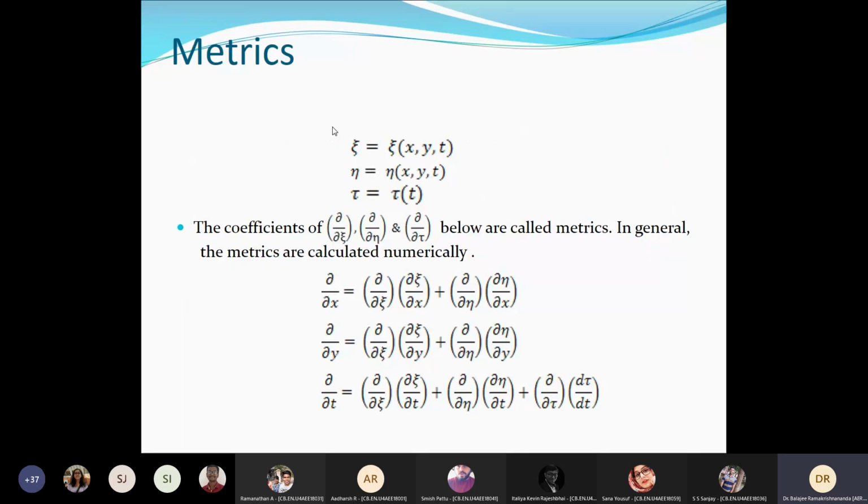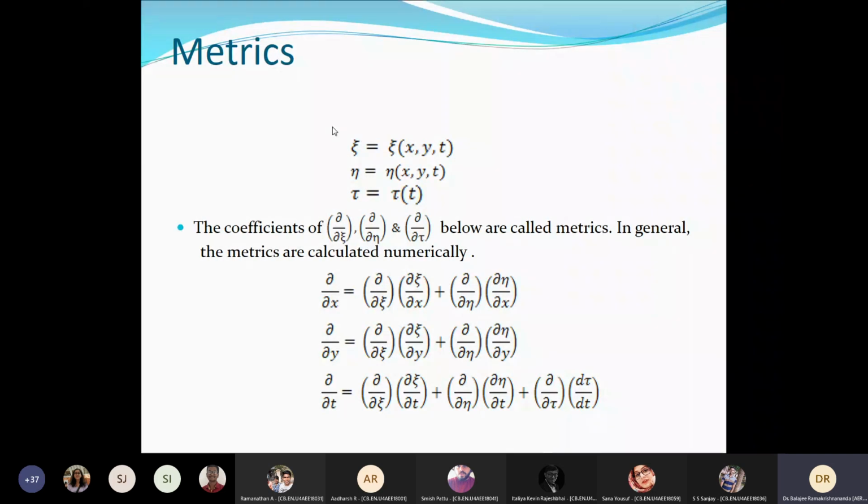So zeta itself may be a function of x, y, and time. Let's consider the most general case. Eta may be a function of x, y, and time. And tau, let's say, is the time in the transformed coordinate system. Why are we considering tau?